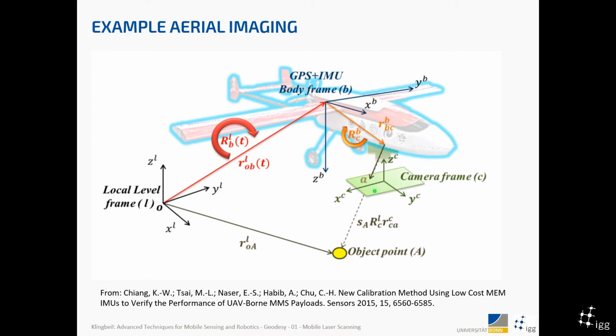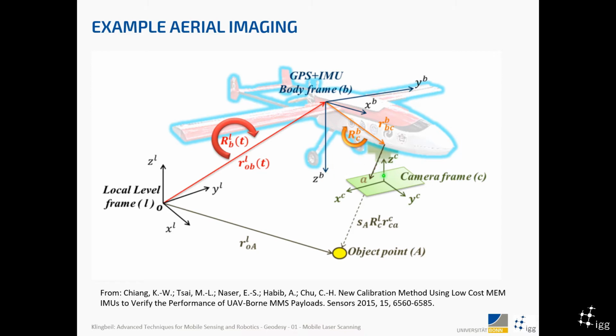And in order to transform the whole thing to some upper coordinate system, we also need to know where the camera is mounted on the plane. So the body frame here is the actual frame of the body, which I've shown before already, at the center of mass. The x-axis is pointing forward, the y-axis is pointing to the left, and the z-axis is pointing down.